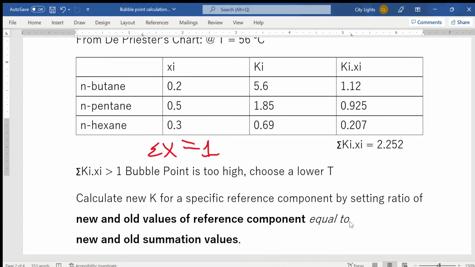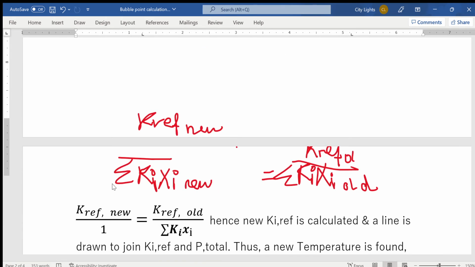This value came out to be 2.52. This value over here should be 1 ideally. So what I'm trying to do is take the ratio of the k values of pentane, the new value and the old value, and compare that against the ratio of the summation of the new value and the old value. This is 1 and this value over here is 2.25.